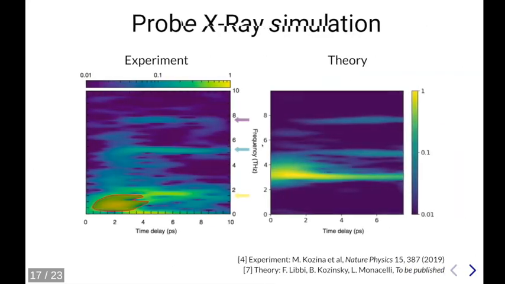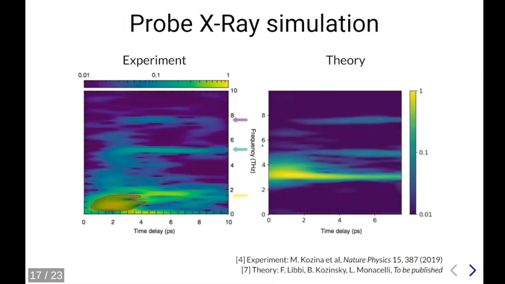But not only, we can do more, because instead of taking titanium atoms, we can actually simulate as a function of time the result of an X-ray elastic scattering experiment. And so we compare here our result with the experiment I was showing you before.